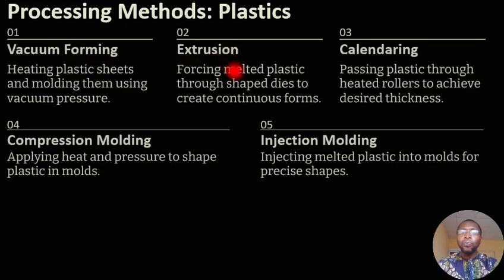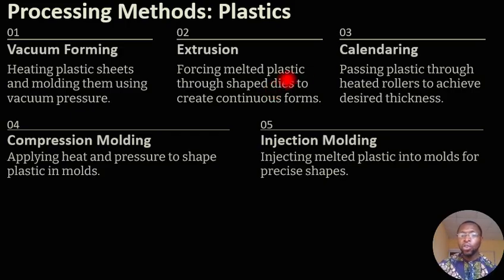Extrusion simply involves forcing the melted plastic that you have gotten from vacuum forming through a shaped die to create a continuous form. By the time the melted plastic undergoes this process, it comes out in a very long, stretchy form.